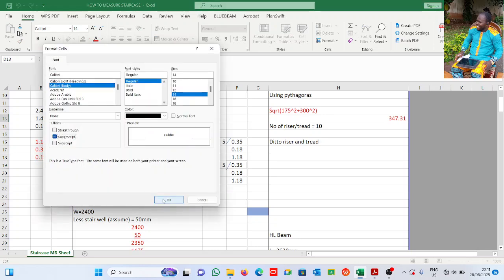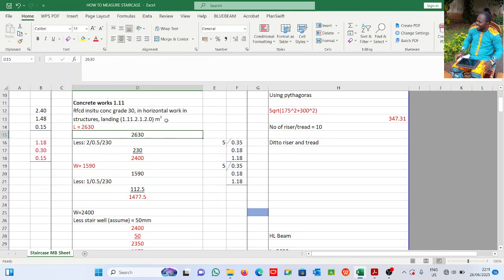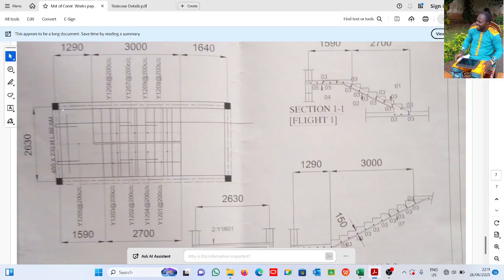I've explained how to use this. I even made a video for it. It's a cubic meter item. Now if you look at this staircase here, this dimension is at the middle, so we need to come out to give us the exact length of the staircase. That is why you see I have to less this column here, less half of 230, less half of 230, less half of 230.